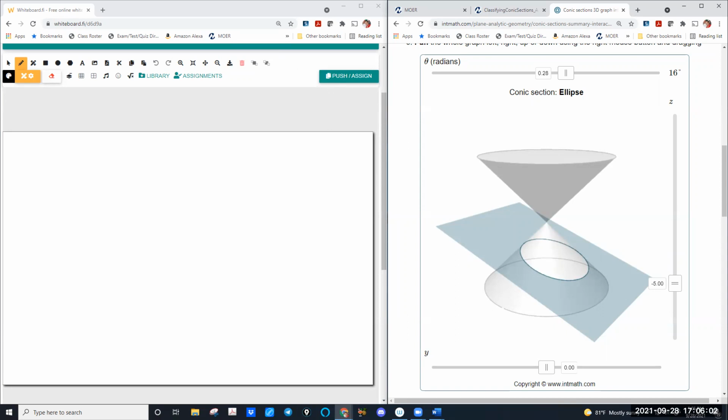But ellipses show up quite often. We can think of a lot of things that have the shape of an ellipse. For instance, our eye has the shape of an ellipse. Like a football type would have the shape of an ellipse. But this is what's really interesting about conic sections, in my opinion.